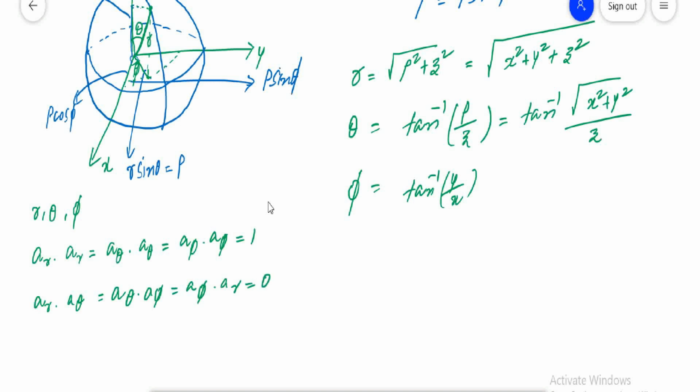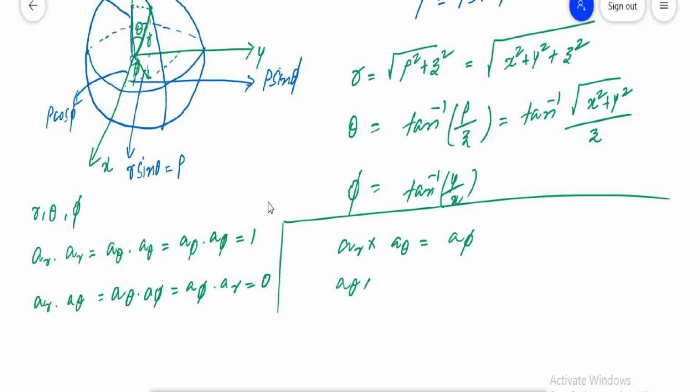Similarly, ar cross product with a theta is equal to a phi, a theta cross product with a phi is equal to ar, and a phi cross product with ar is equal to a theta.